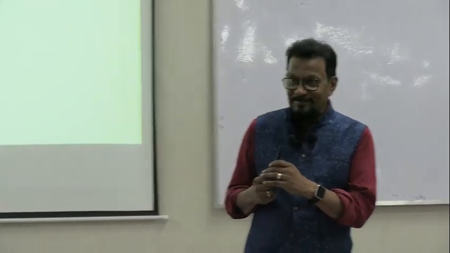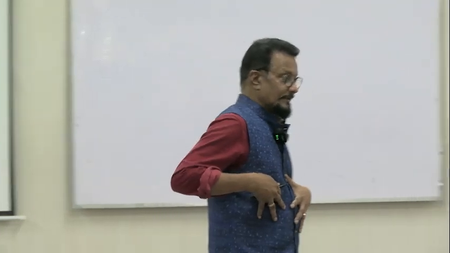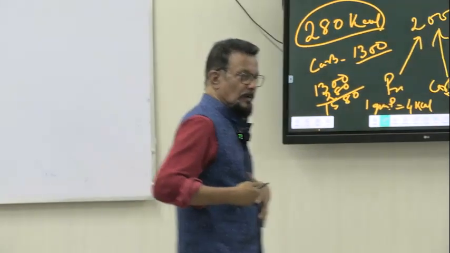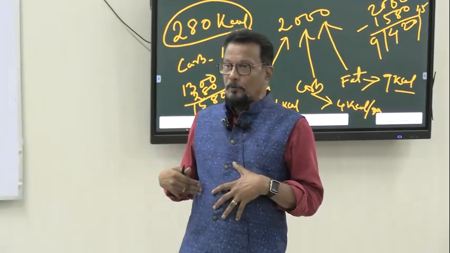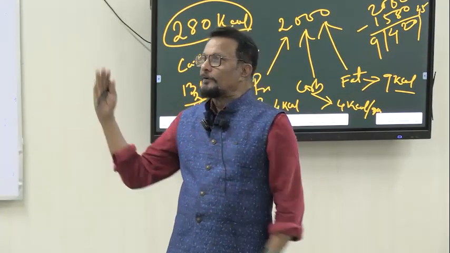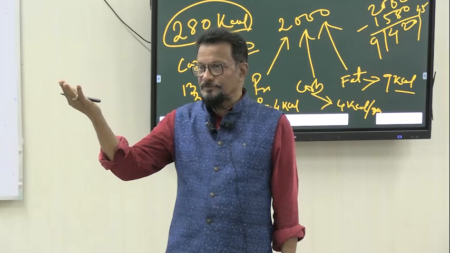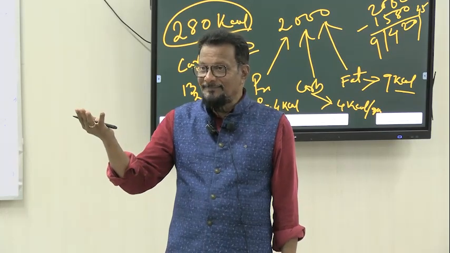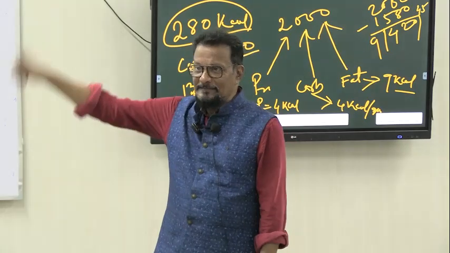And importantly, in the long run, your liver may become fatty. When ultrasonography is performed on your abdomen, the report may come as hepatic steatosis or fatty liver, grade 1, grade 2, grade 3.